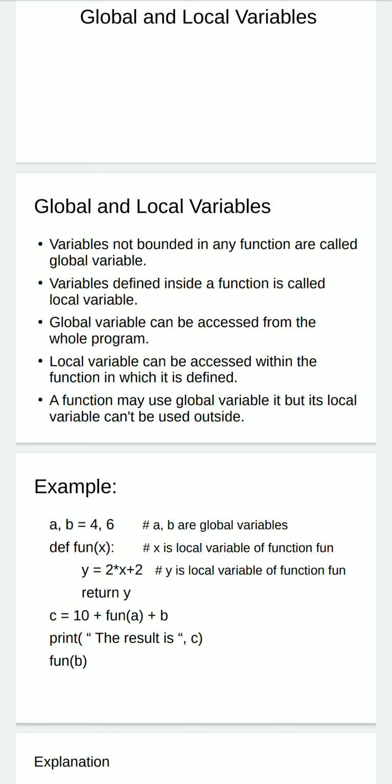But the variables x and y are defined inside the function fun, and hence these are the local variables of function fun, and these can be used within the function fun only. Here a and b are used in the main program because these are global variables.